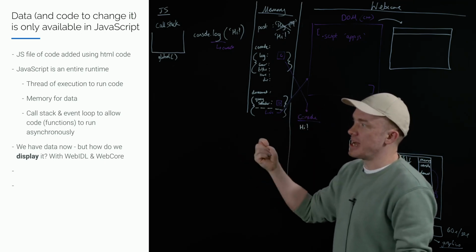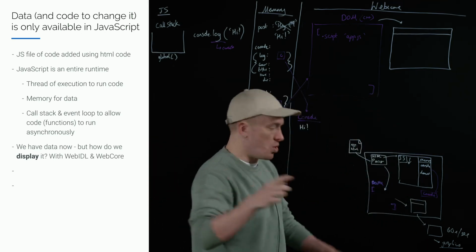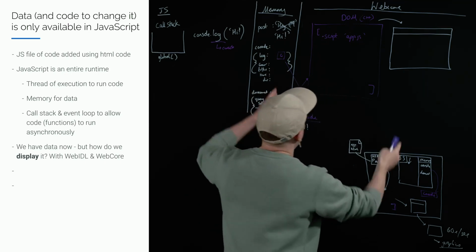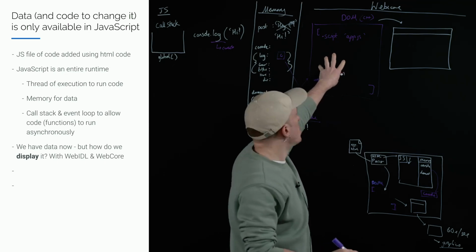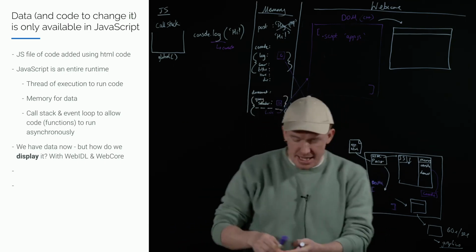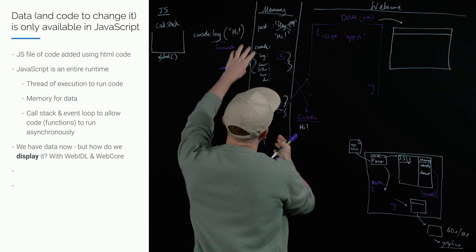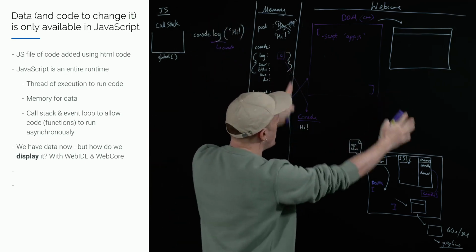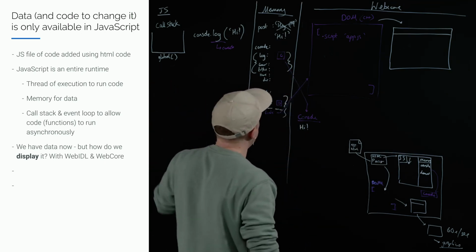We have data now, but how do we display it? It says here with WebIDL and Web Core. Let's give the details of that. So our Web Core is where our C++ list is, our model of the page. We get that bit. WebIDL. This is a standardized way of describing interacting between any features of the web browser and each other, I guess, but particularly here JavaScript.